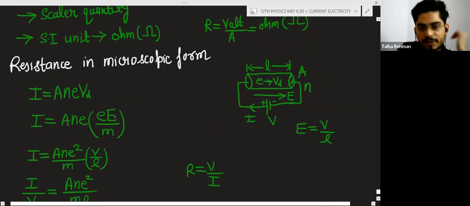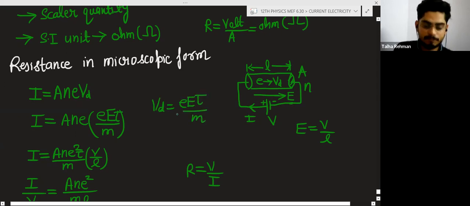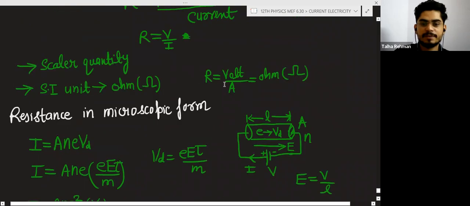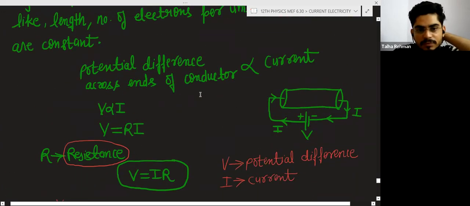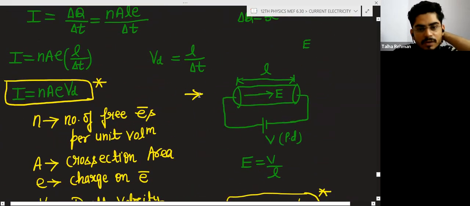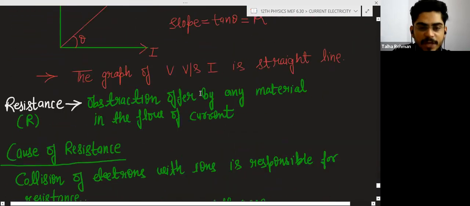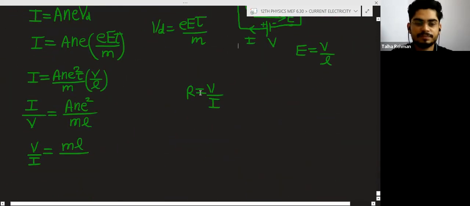And one thing more: in Vd you will write tau also. Sorry for that. In Vd we have e tau by m. Tau is the relaxation time.